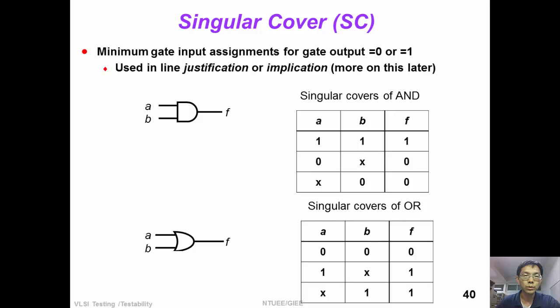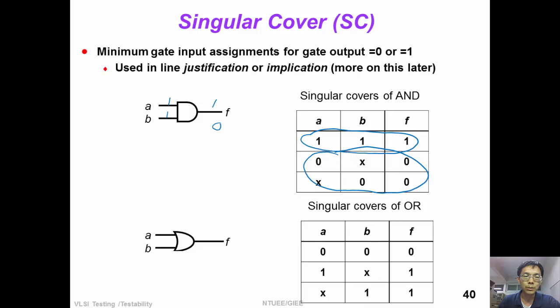For example, for the output of a 2-input AND gate to be 1, we would need both inputs to be 1. However, if we want the output F to be 0, we could have two choices, either 0x or x0.